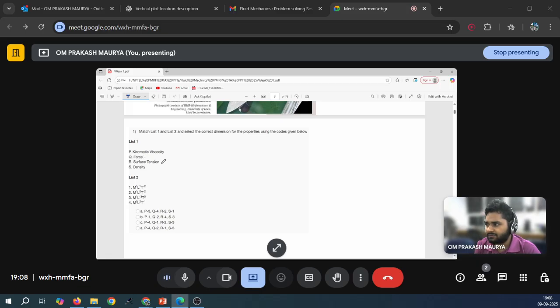Similarly, R is surface tension and S is density. You have to match list 1 and list 2 and select the correct dimensions for the property using the code given below. The code is PQRS and here 1, 2, 3, 4 are given.